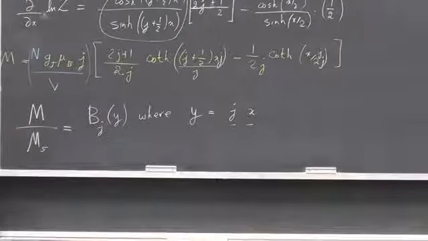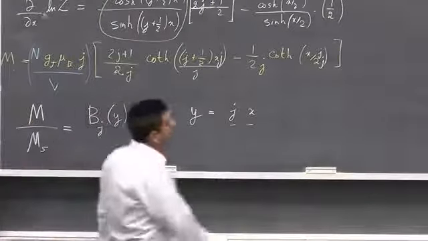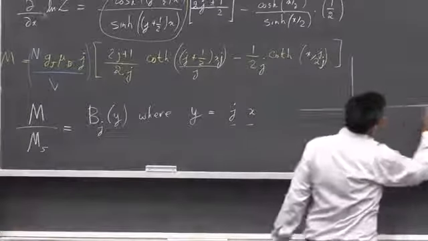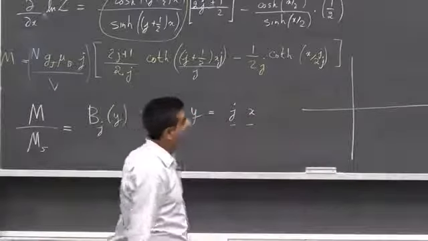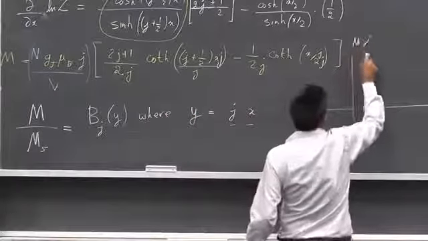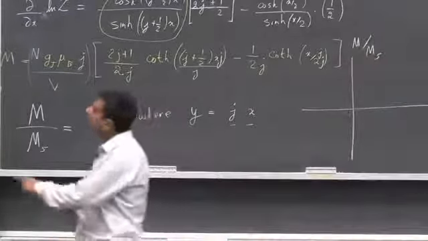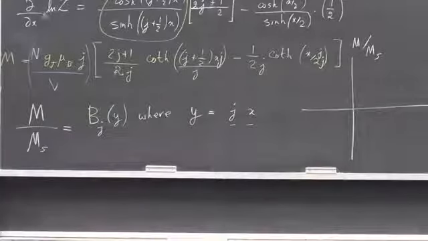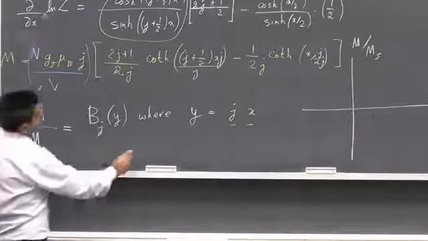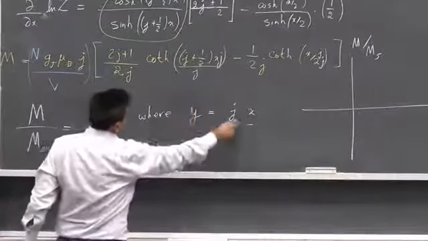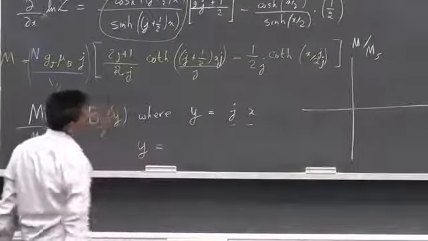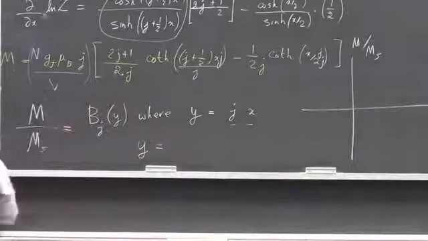So now what we would like to do is plot m over ms versus y. For a spin half system, we define y to be equal to mu b b over kbt. Here we are defining our y to be equal to x times j, but x is defined here.